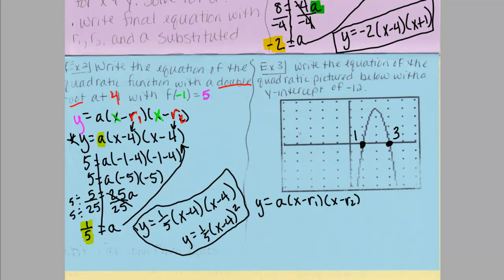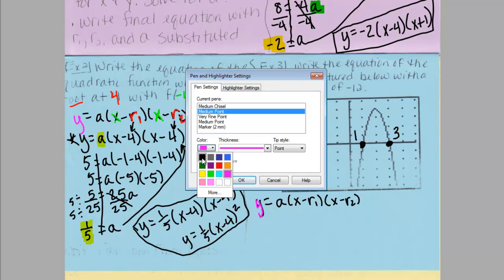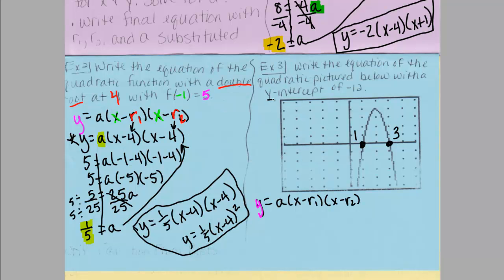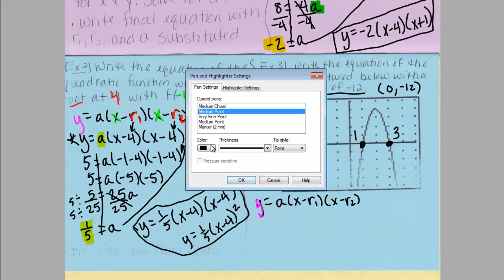Okay, our Y, it says our y-intercept of -12, let me switch back so that y'all can see. Y-intercept of -12, that means that our point is really 0, -12, okay? Anytime you have a y-intercept, your x will be 0.